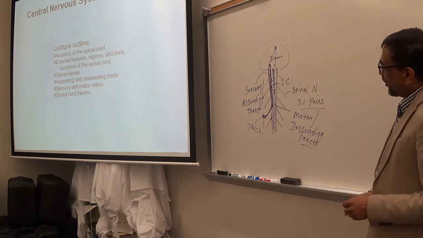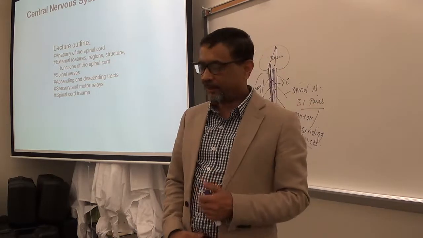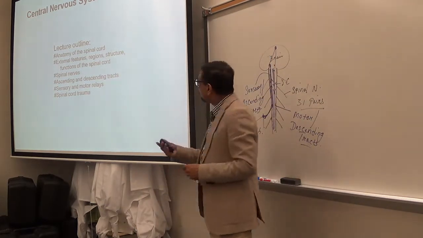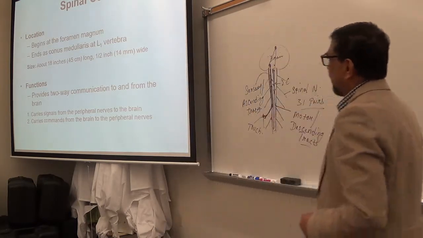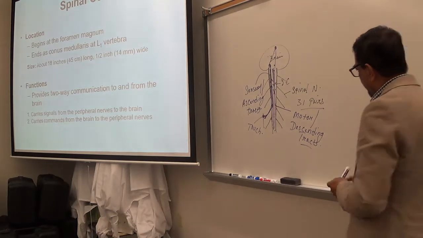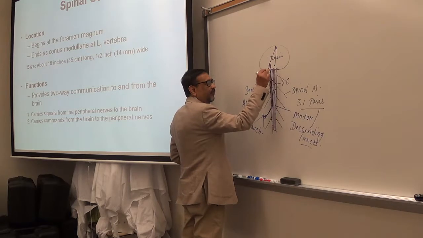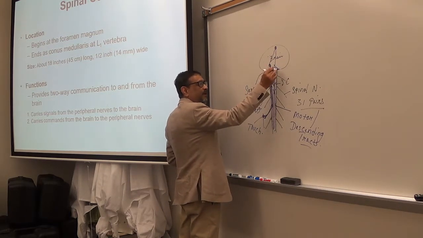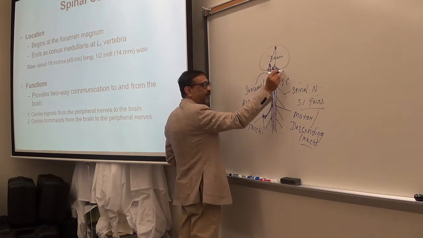Then we'll talk about spinal cord trauma or injury to the spinal cord. What can happen? So first, the location. The spinal cord starts here, where you have the foramen magnum. You all know that in the bottom of the skull you have seen the big foramen, that is the foramen magnum, right?